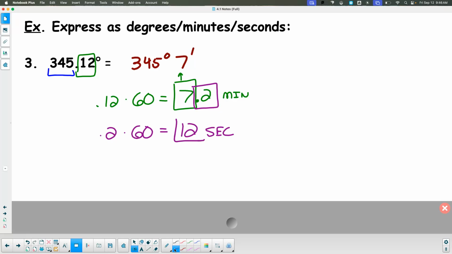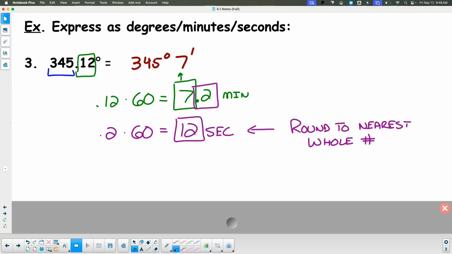seconds. So then this number here, we're going to round to the nearest whole number. In this case, it was a whole number.